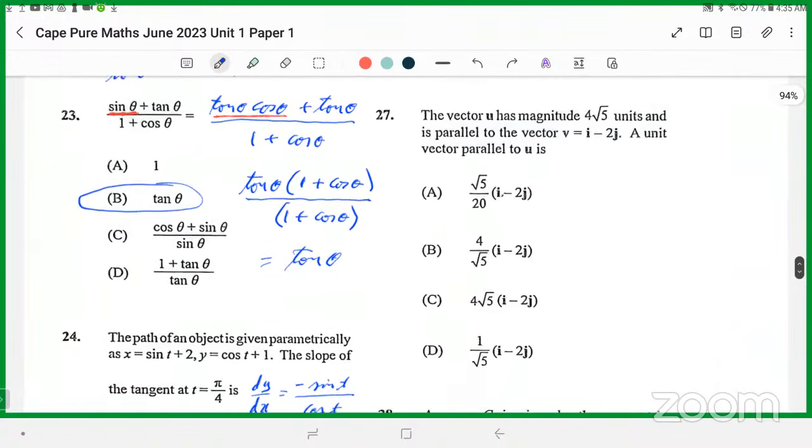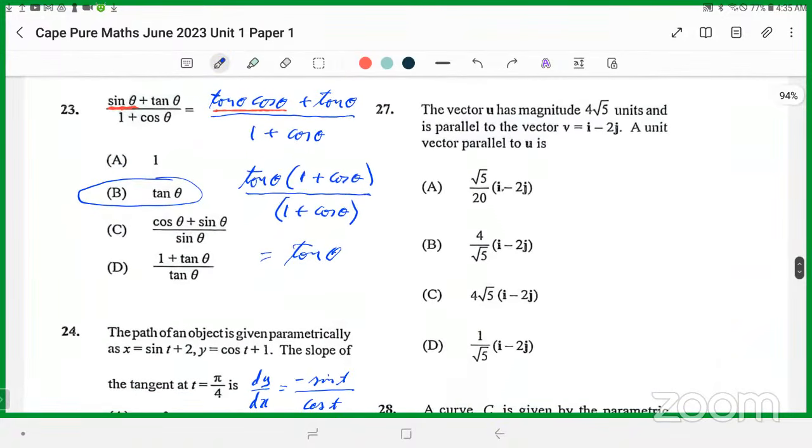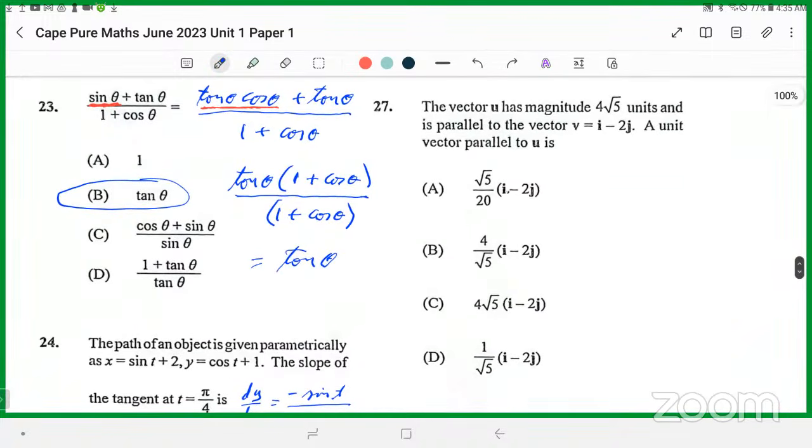Then this one says the vector u has this magnitude and is parallel to this vector v. It says find a unit vector parallel to u. Now, once it is parallel, vectors have the same unit vector.